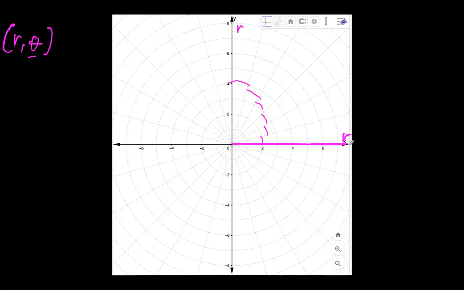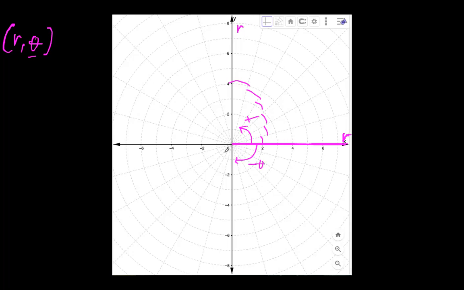If the angle is positive, the direction of the angle should be counterclockwise. If it's negative, then its direction should be clockwise, for negative angle measures.